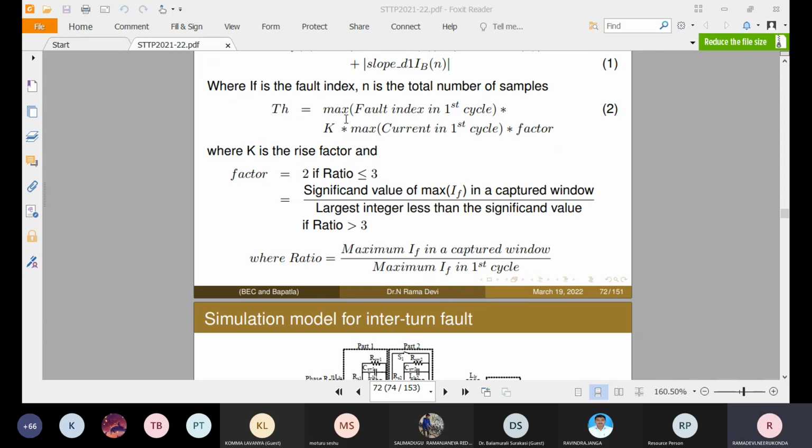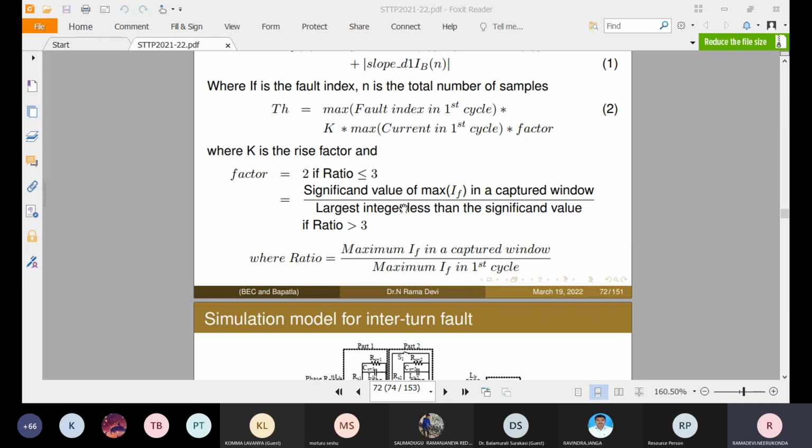What does this mathematical equation indicate? The adaptive threshold is computed based on the maximum value of the fault index in the first cycle, multiplied by a factor K, multiplied by the maximum current in the first cycle, multiplied by a factor. Here K is the rise factor, and the factor is 2 if the ratio value is less than 3.